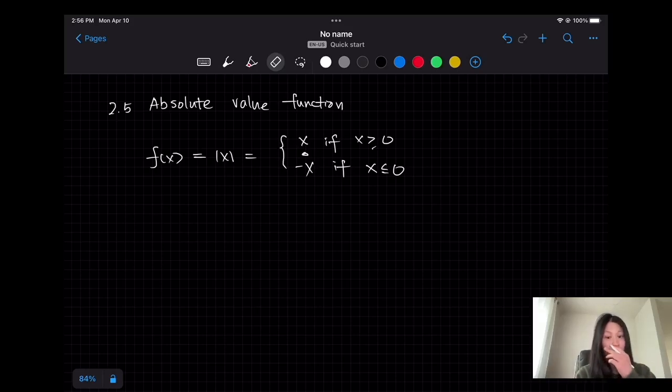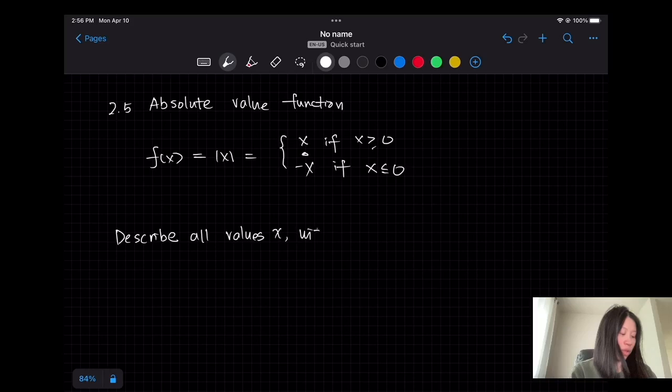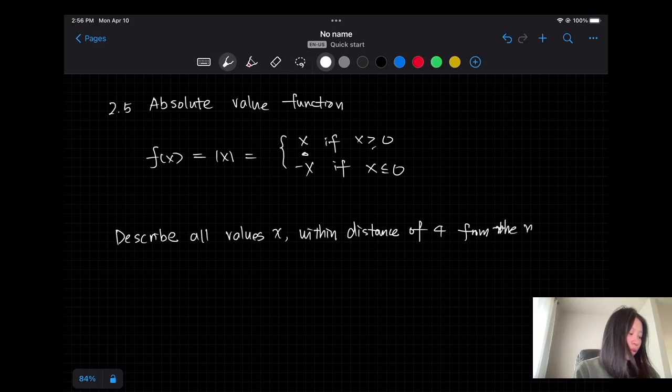So, first of all, how do you understand an absolute value function? Remember, the absolute value function is trying to describe the distance from a certain number. For example, I want you to describe all the values x within a distance of 4 from the number 5.